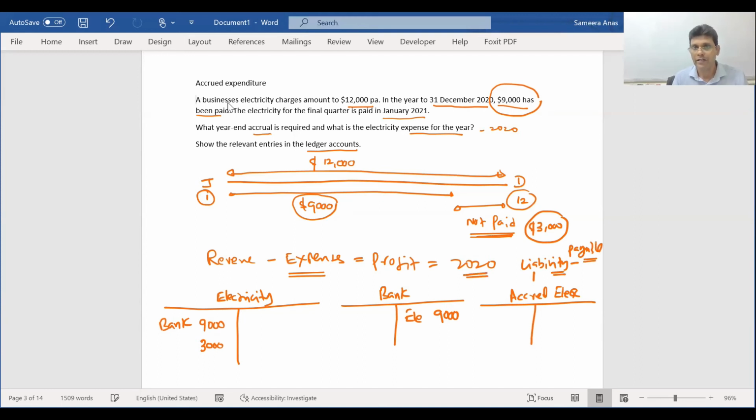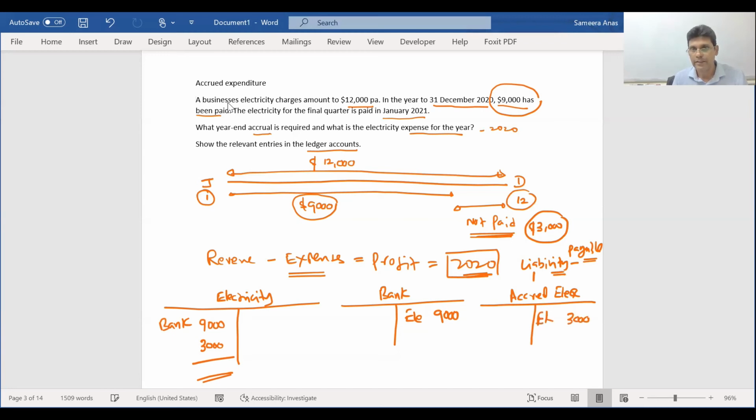In the financial year 2020, since we are recording in the year 2020, the 3,000 has to be debited here, and 3,000 has to be credited as accrued electricity.